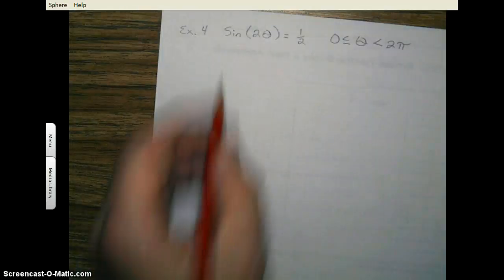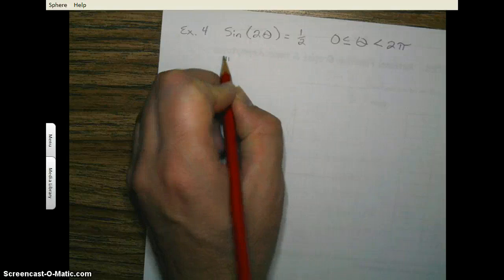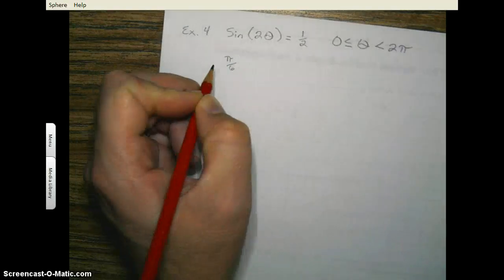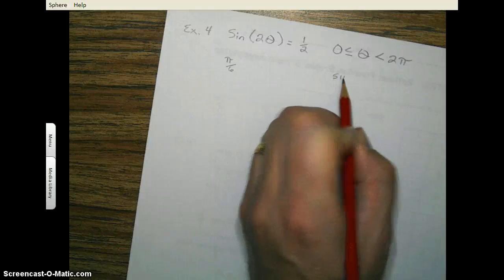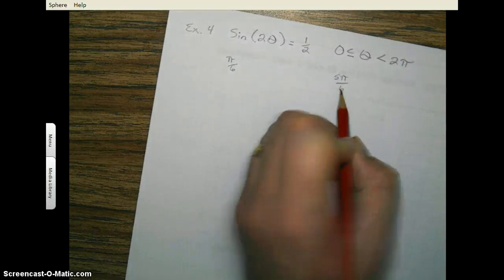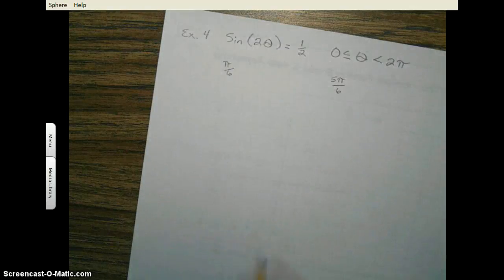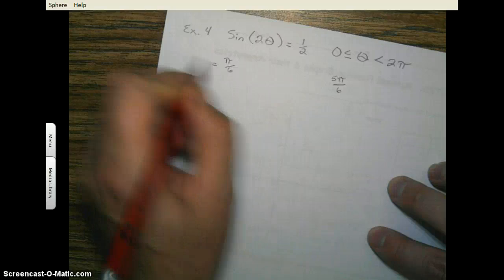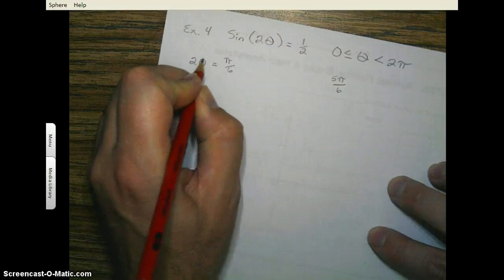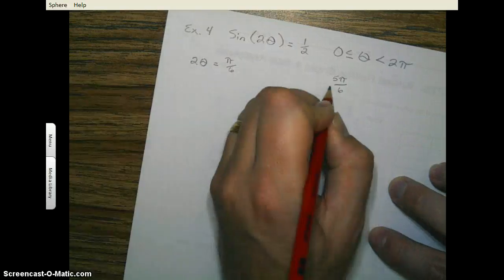So again, we said pi over 6, and we said 5 pi over 6. And so what we do next is we're going to take 2 theta and set that equal to that, and equal to that.